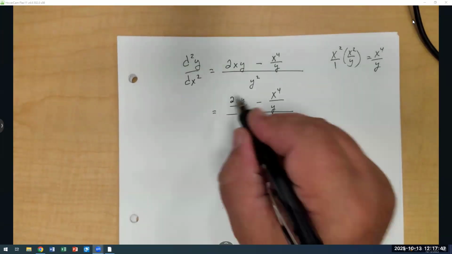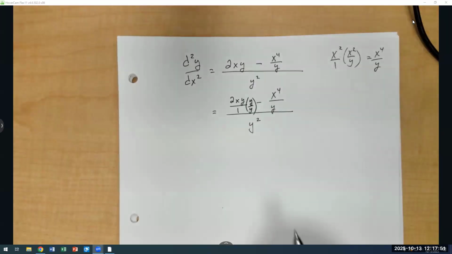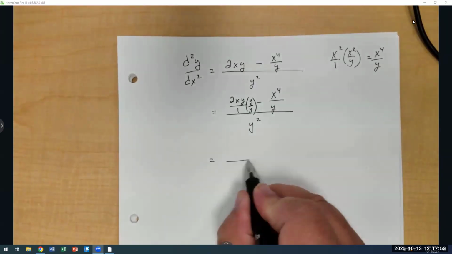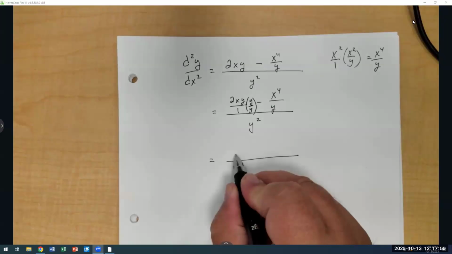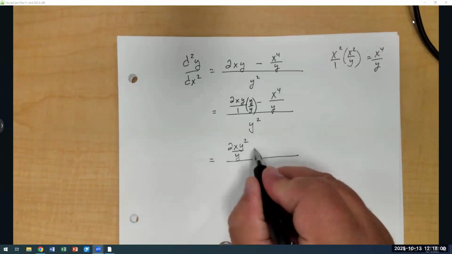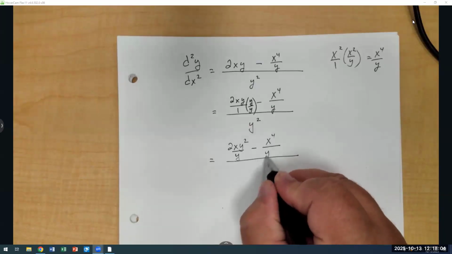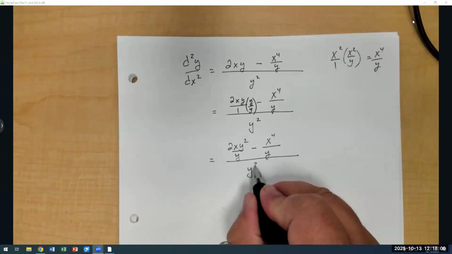This one has a y, this one needs a y, so I multiply top and bottom by y. We have 2xy squared minus x to the fourth over y squared.